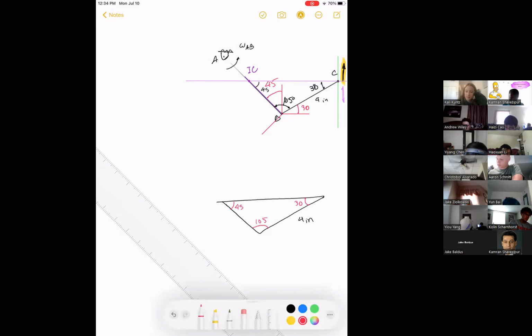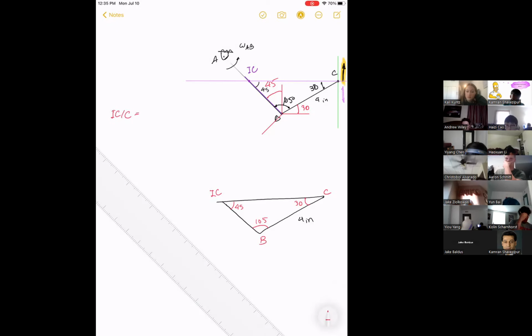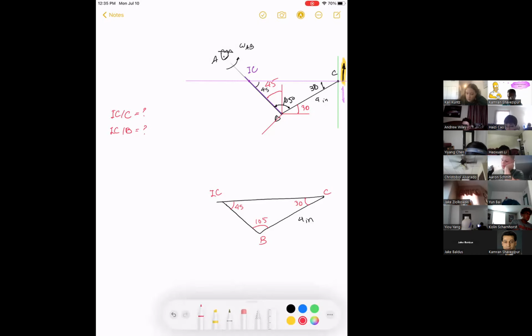And I look for, let's say, ICC and ICB. How do I find lengths ICC and ICB? How do I find it?